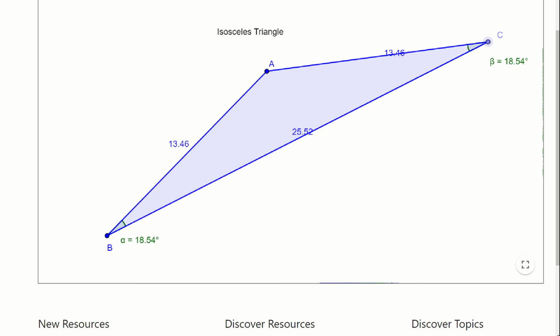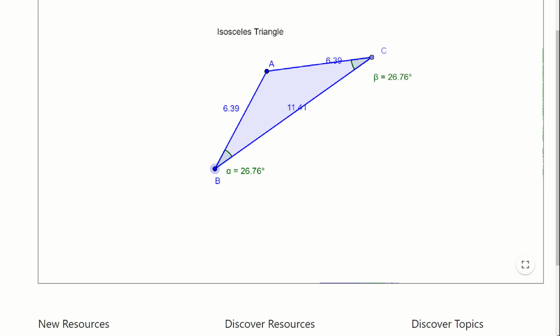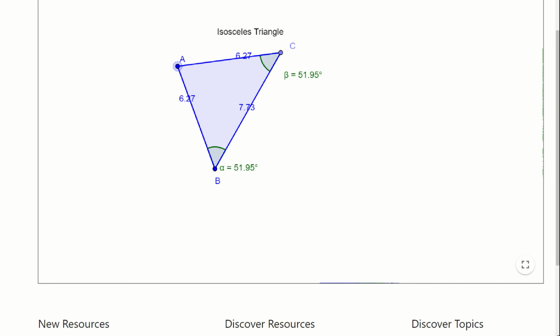Remember, an isosceles triangle means that the two sides have to be the same. So we have our two sides that are the same, and we're also taking a look at these angles. I want you to take a second to think about what you notice about these angles, no matter where I move my triangle. Let's try expanding it this way. Okay, so what do we notice about those angles?